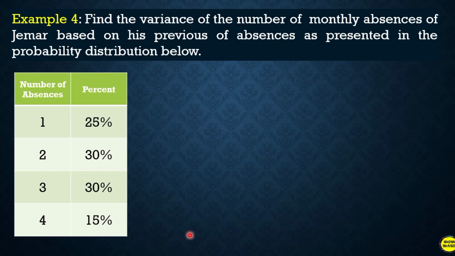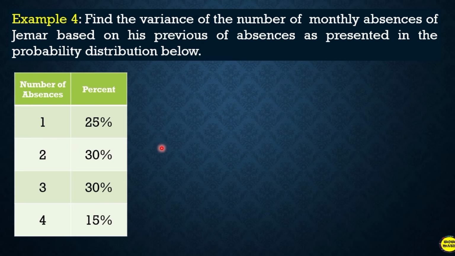So, for the last example, we have: find the variance of the number of monthly absences of Jemar based on his previous absences as presented in the probability distribution below. So, the percentage or yung probability, no, na may 1 absence is 25%, 2, 30%, 3, 30%, and 4, 15%.